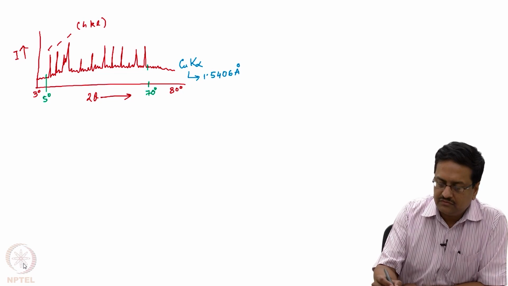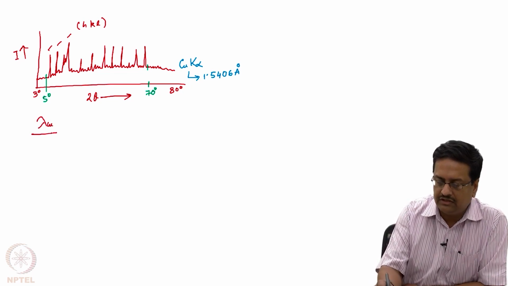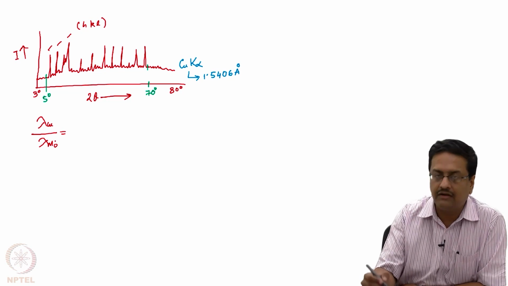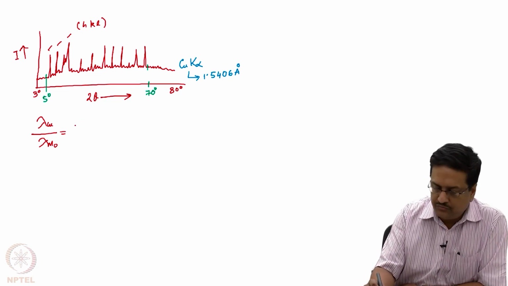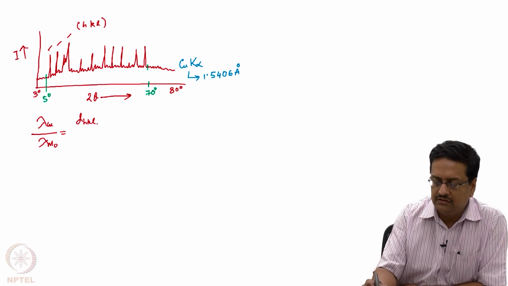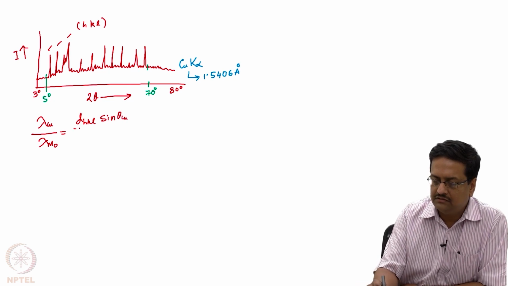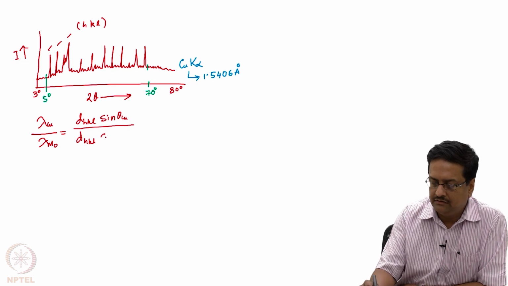Suppose I write Bragg's law for two different wavelengths, lambda copper divided by lambda Mo, which would mean d_hkl sin theta for copper by d_hkl sin theta for molybdenum.